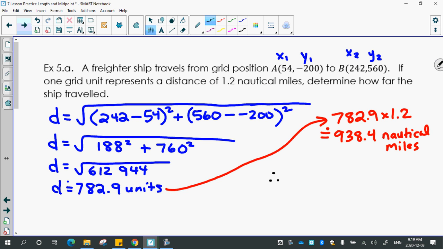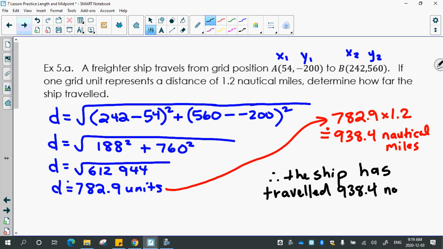So therefore, the ship has traveled 938.4 nautical miles.